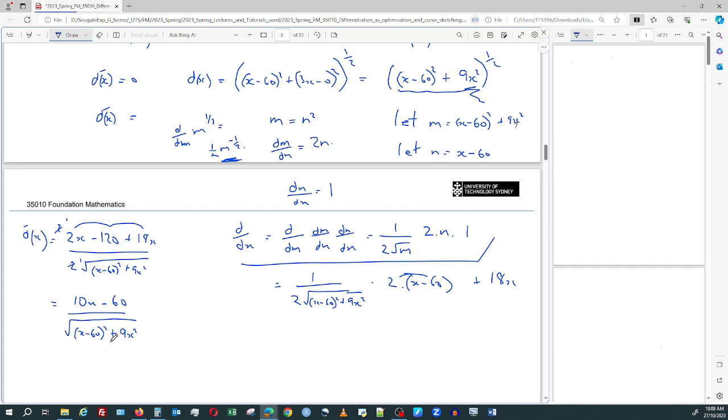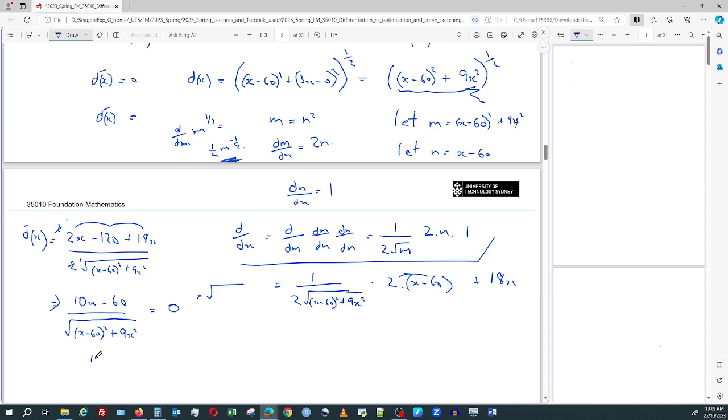Okay, and what do we want to do now? We want to have that assigned to 0. So let's do that. We can multiply by the square root of both sides. 0 will cancel that out.